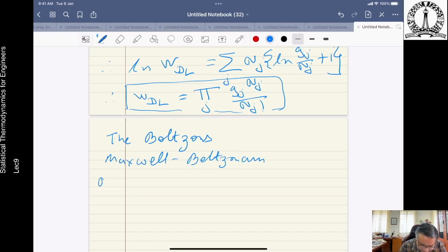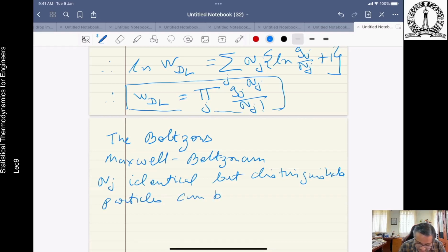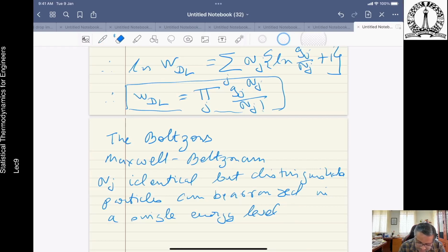Nj identical but distinguishable particles can be arranged in a single energy level Ej among Gj energy states.